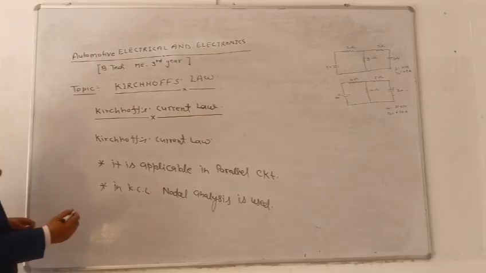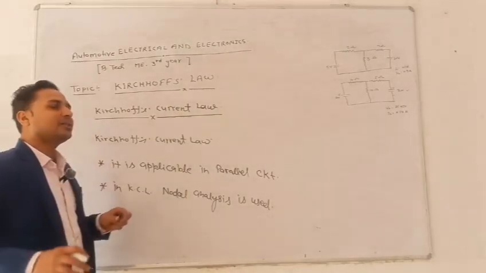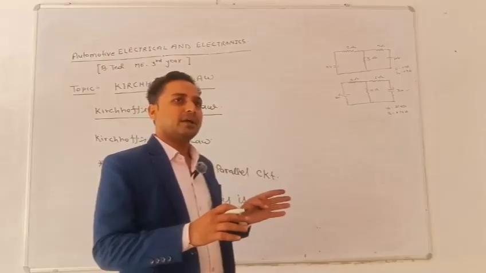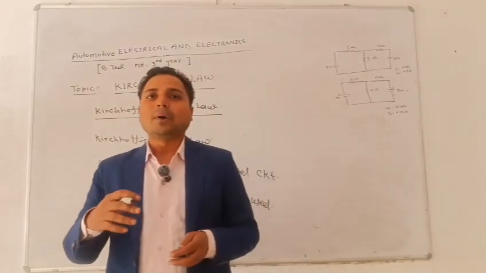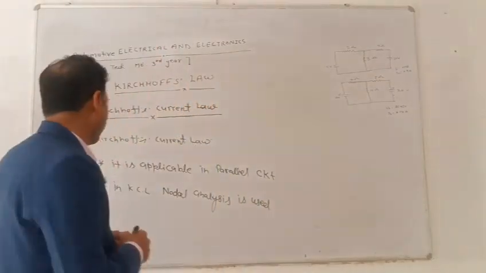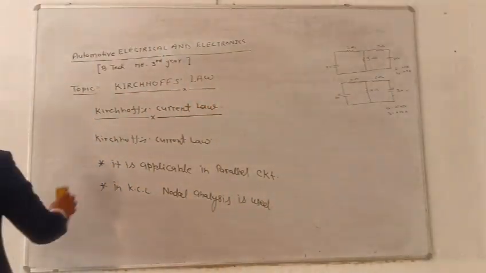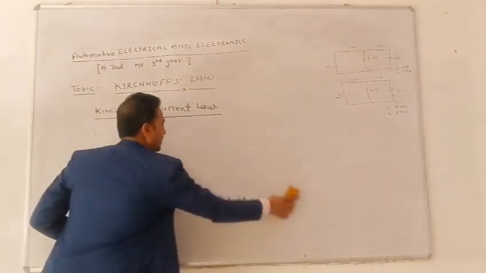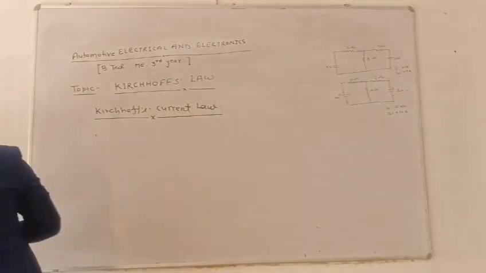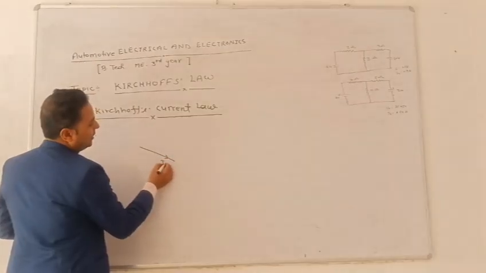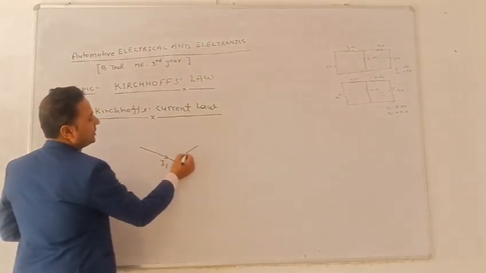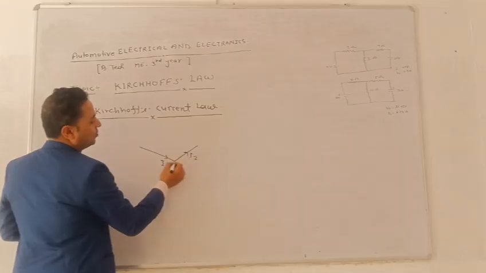KCL says all the current entering a node is equal to all the current leaving that node. Take an example. Let's take a node.